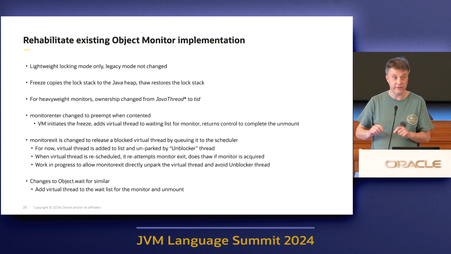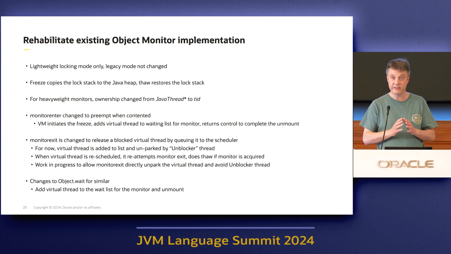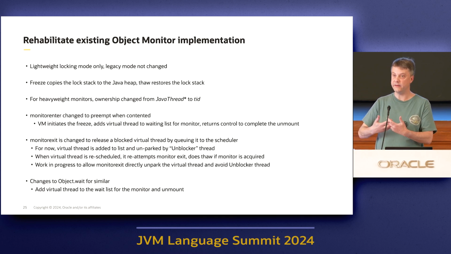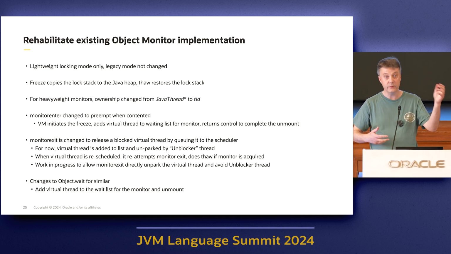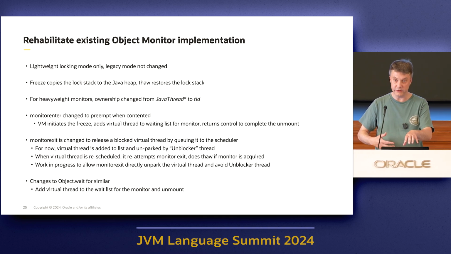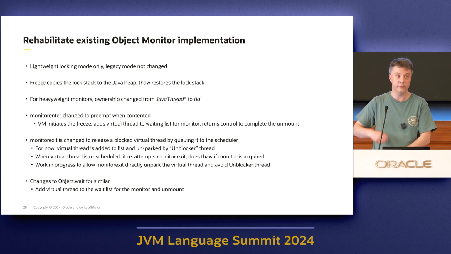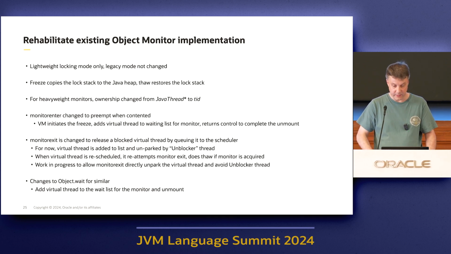The way this works is, at this point in time, it's only the lightweight mode. So a couple of things kind of came together in our favor. The work on lightweight locking went in as experimental in JDK 23. I think folks on the GC team addressed a lot of the performance issues, particularly around some of the reentrancy and large number of locks.